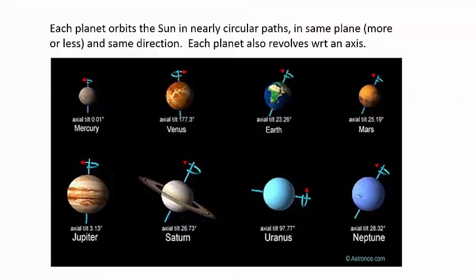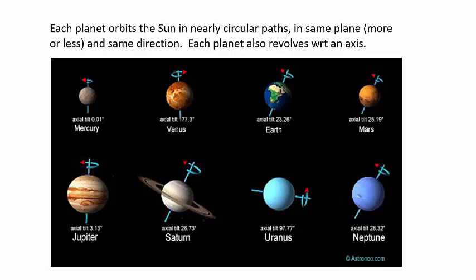Now, each of these planets orbits or revolves around the sun in a nearly circular path. They're not exactly circular, but they're nearly circular paths, and they're all in the same plane. And remember, in that nebular hypothesis, it would be like a flattened pancake, a revolving pancake or dish. So the planets are all in the same plane, more or less.